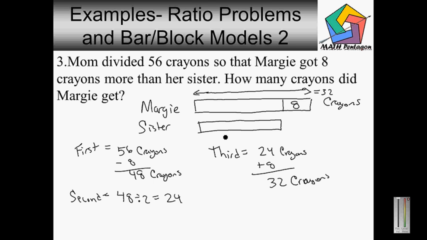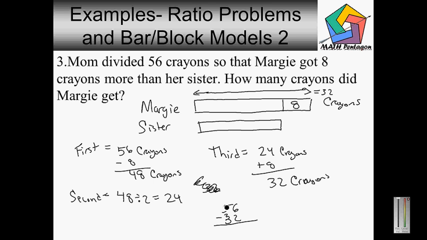And to figure out the sister's amount of crayons, you basically subtract Margie's crayons, 32, and then you subtract, well, actually, my mistake. To find out the sister's amount, the total number of crayons is 56, and then you minus Margie's crayons, 32.